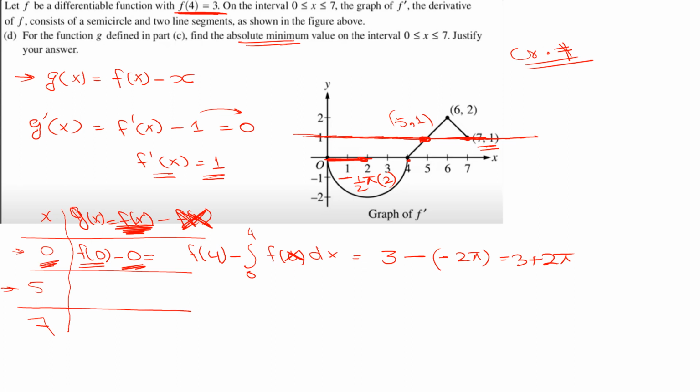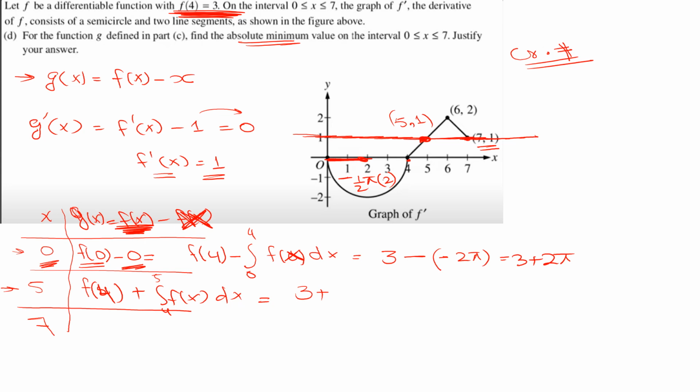Now next, g of 5. In order to calculate f of 5, we said that f of 4 plus the integral from 4 till 5 of f of x dx we have to calculate. So f of 4 is already given in the question on the top; it equals 3.